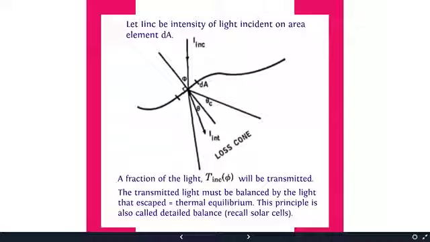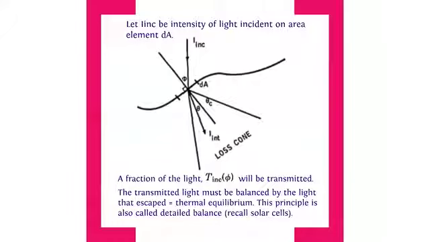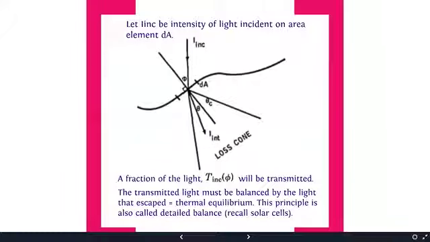The angle is phi here relative to the normal. The light is refracted based on Snell's law into this intensity, where INT refers to internal, okay? INC refers to incident. And there we have the loss cone.